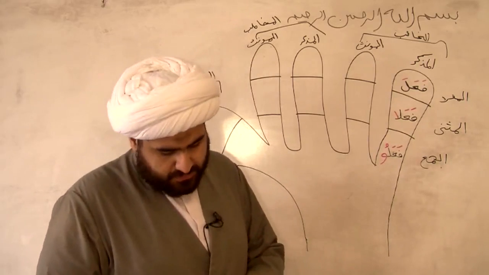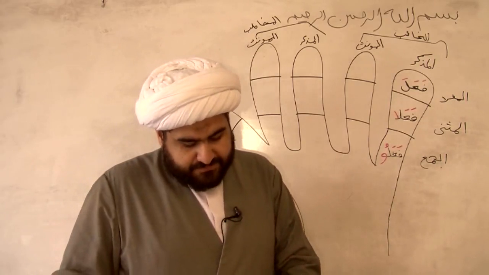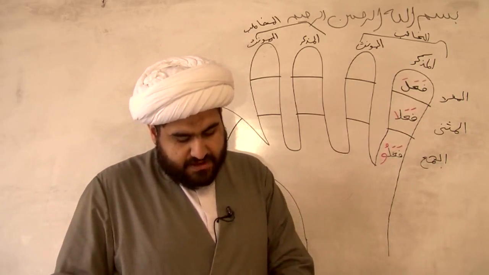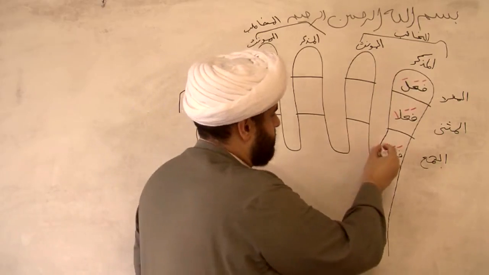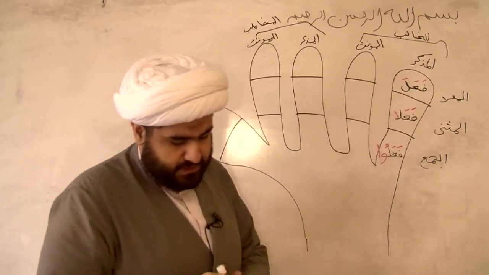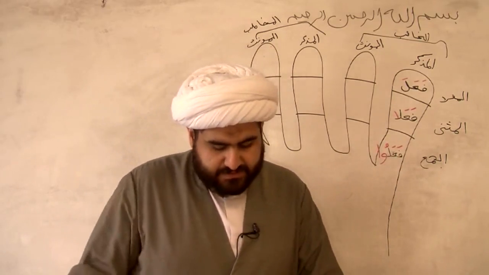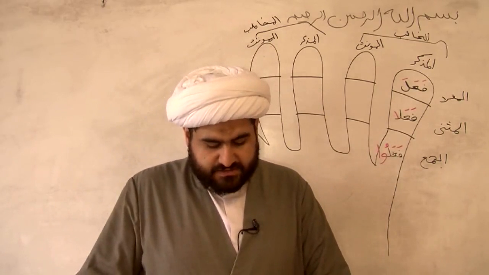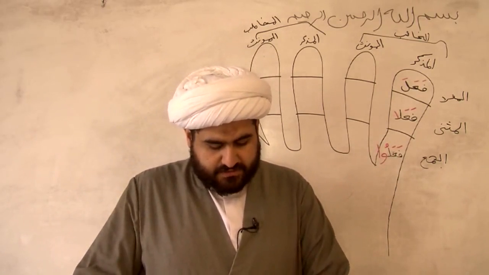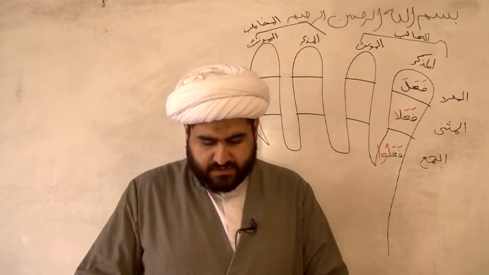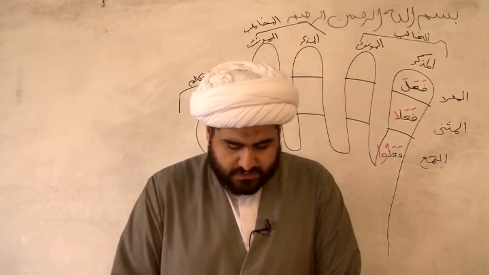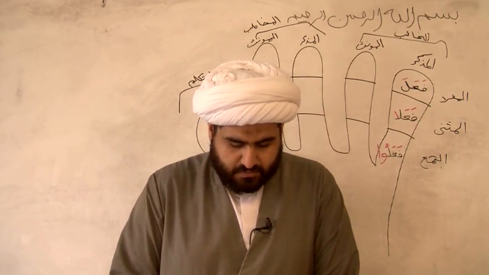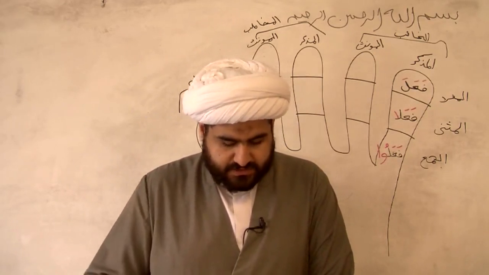Fa'alu. Then the letter alif is written after the letter wav, like this. Fa'alu. This alif has no vowel and is not pronounced. So why is it there and what does it indicate?